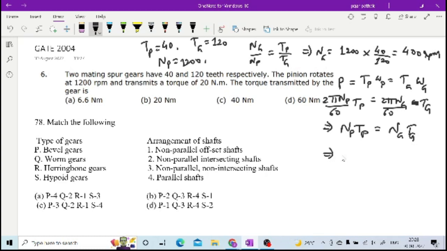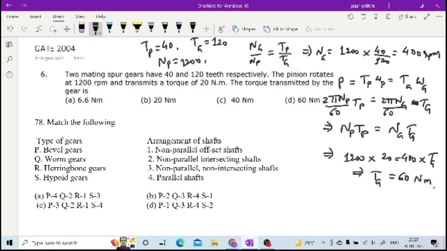Np is 1200, Tp is 20, Ng is 400, and Tg you have to calculate. If you simplify it, you will find 60 Newton meter.